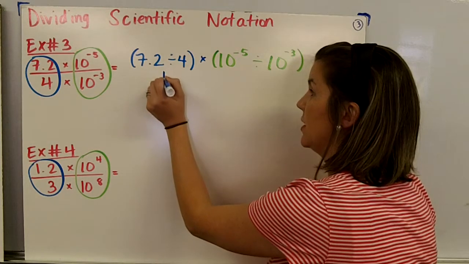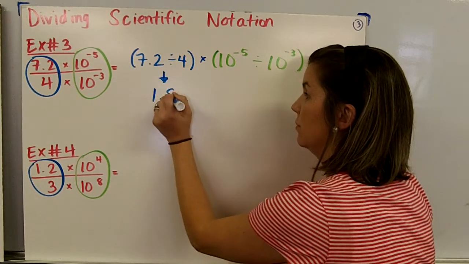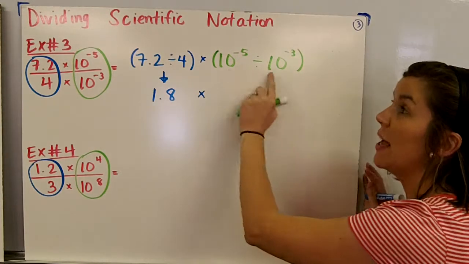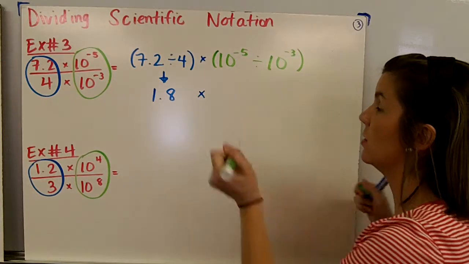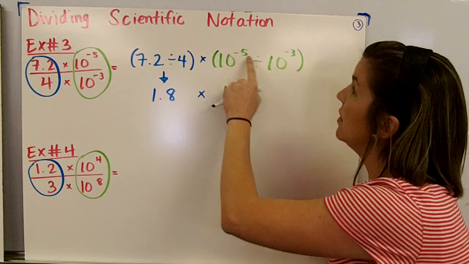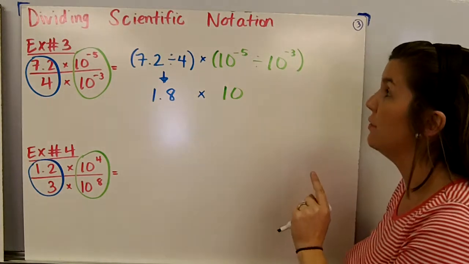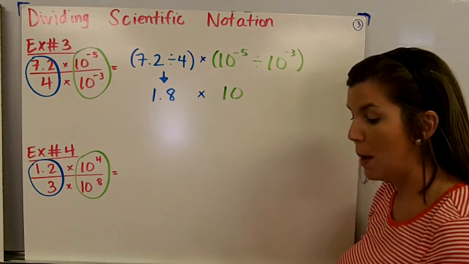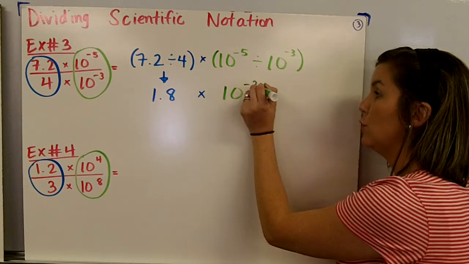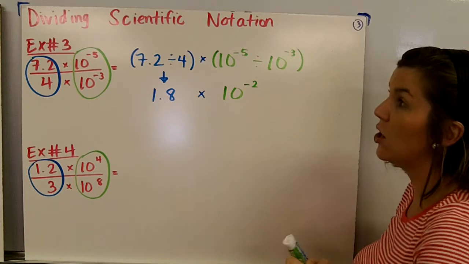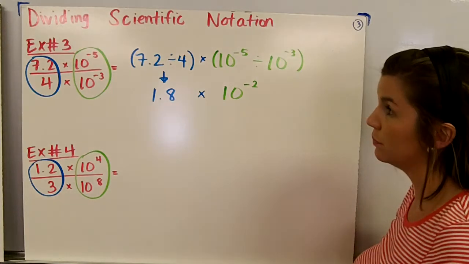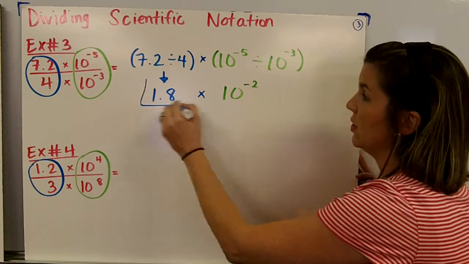So this part gives us 1.8 times, when dividing like bases, keep the base, so base 10, and subtract the exponents. So negative 5 minus negative 3. Negative 5 minus negative 3 gives us negative 2. This is already in scientific notation because we only have one digit in front of our decimal. So this would be your answer.